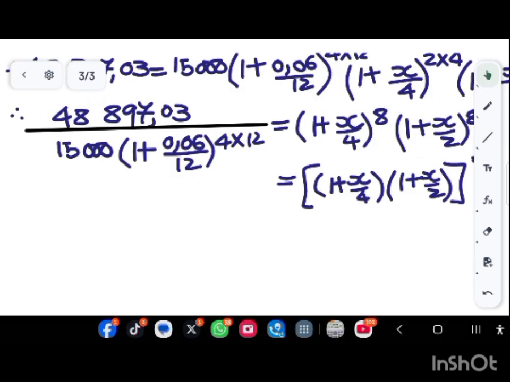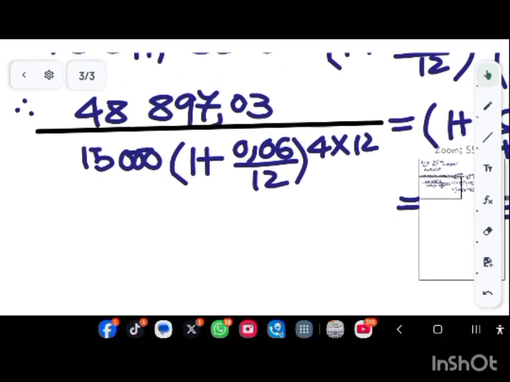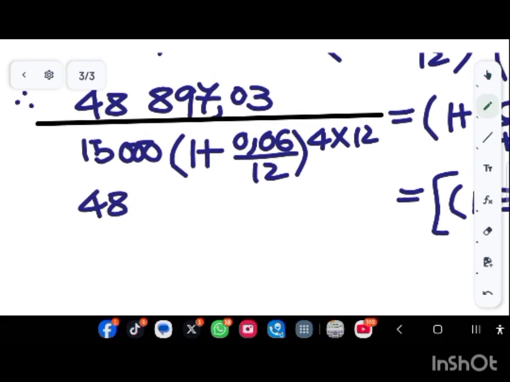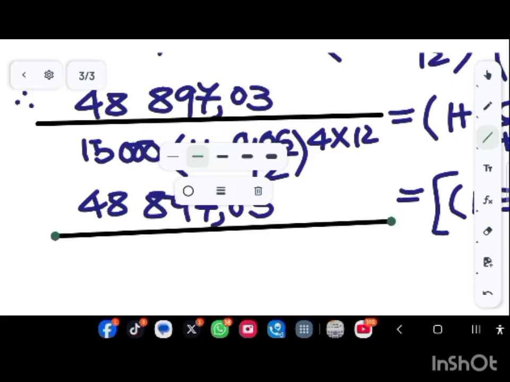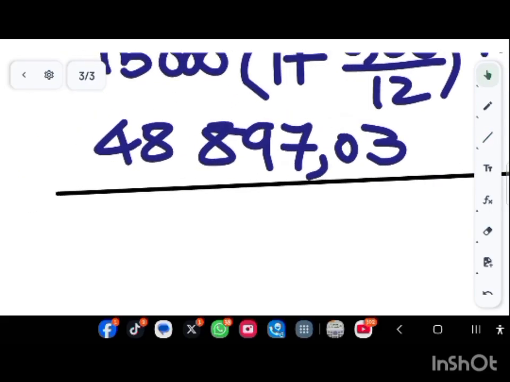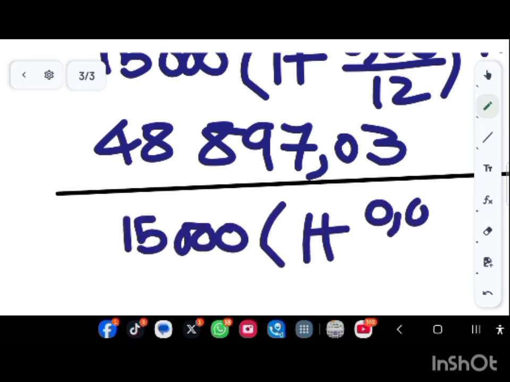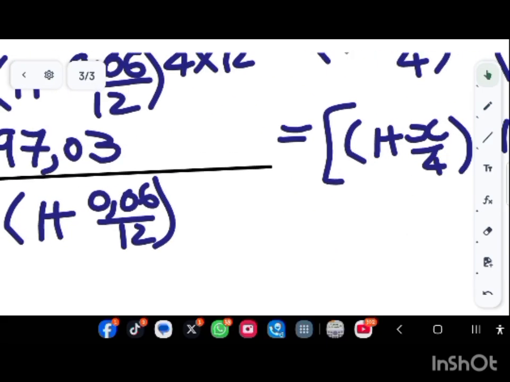That's exactly what we did here. So 1 plus X over 4 times 1 plus X over 2, all to the power of 8, equals 48,897.03 over 15,000 times 1 plus 0.06 over 12, to the power of 4 times 12, which is 48.